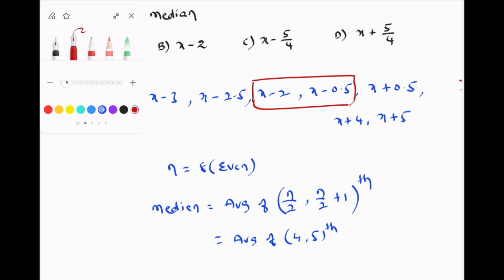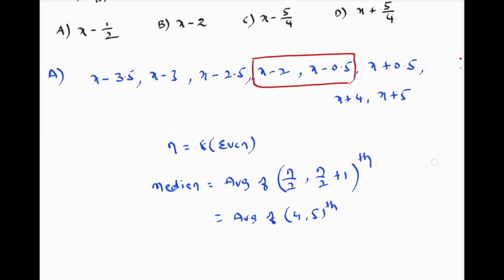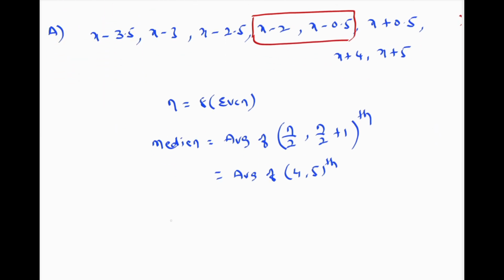So median is equal to the average, the sum of the observations by the number of observations.